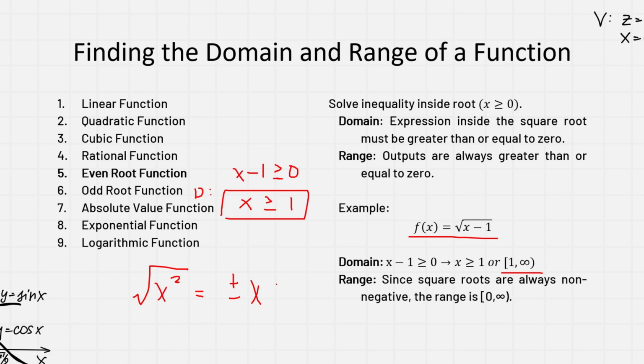So in a function, if you're going to evaluate the range of an even root function, it is expected that it is always a positive value. Yes, it could be 0, but again, it is always positive, the principal root.